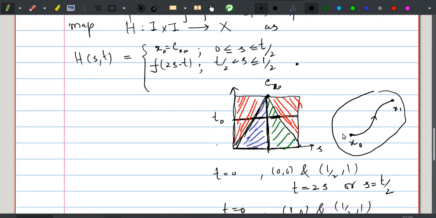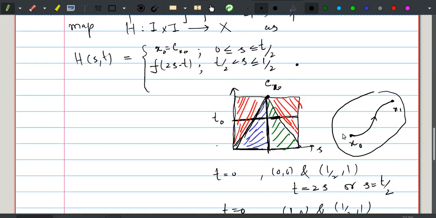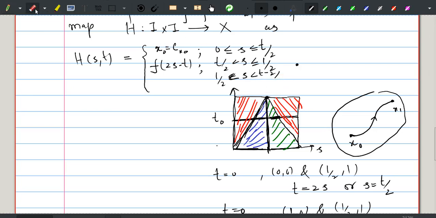So in this region, when the values of s are between half and 2 minus t over 2, h travels f inverse, and the argument here is 2s minus t.